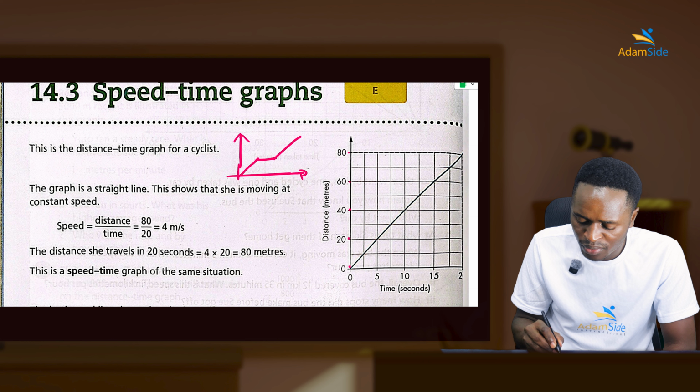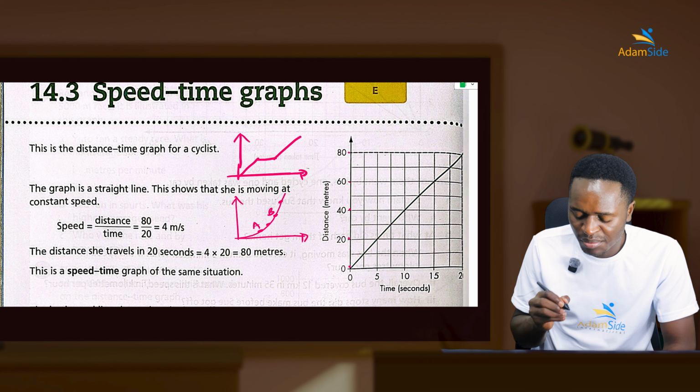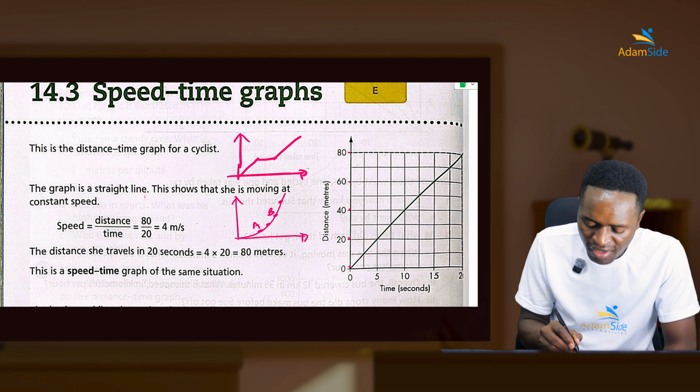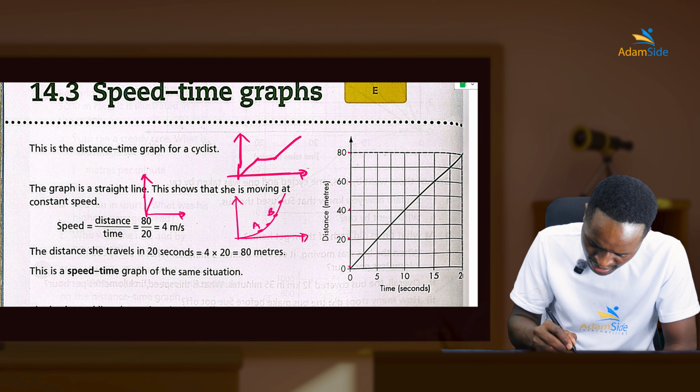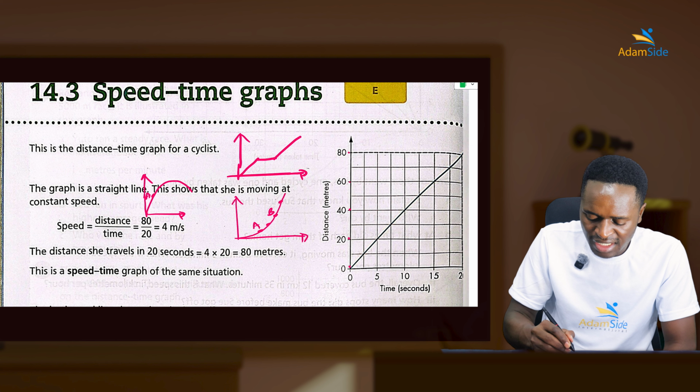When you have a curve, there's no way these points will have the same speed. There's something that is changing, so you cannot say these points have the same speed.